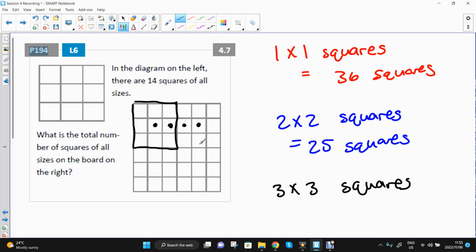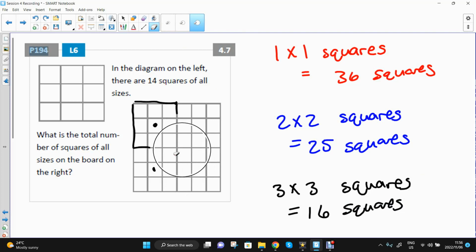And that can be a middle. As will these ones. So I'm marking off all the middles of possible 3 by 3 squares. And that's it. So that's 4 by 4, which is going to be 16 squares. 16 squares of 3 by 3.